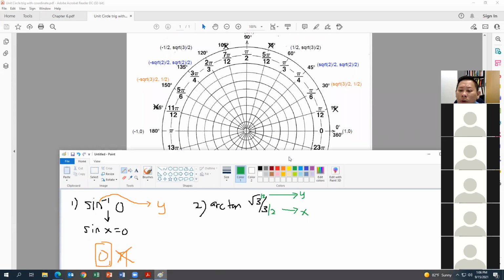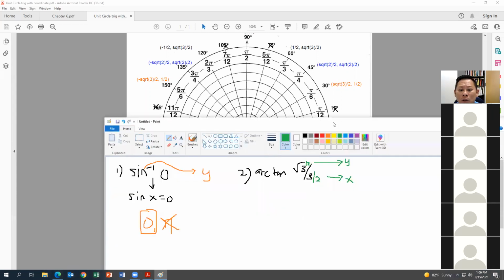We don't have √3/2. This one we need to change a little bit. We have 1/2. Is that √3/3? Let me think about this one. We don't have this fellow.